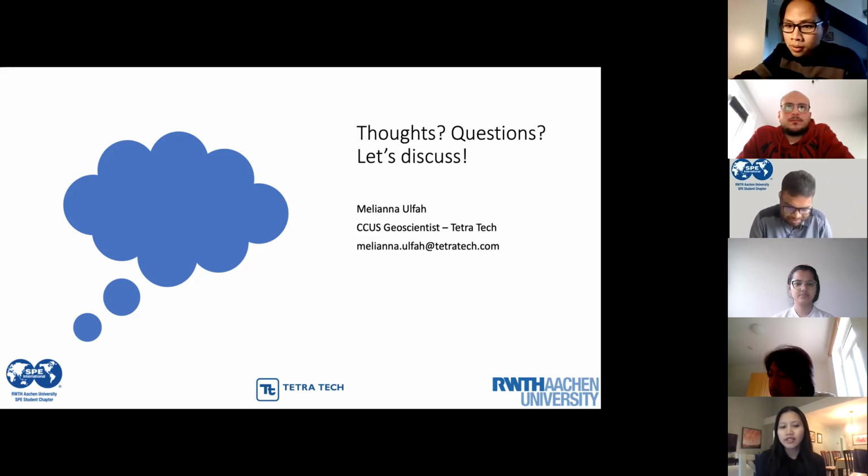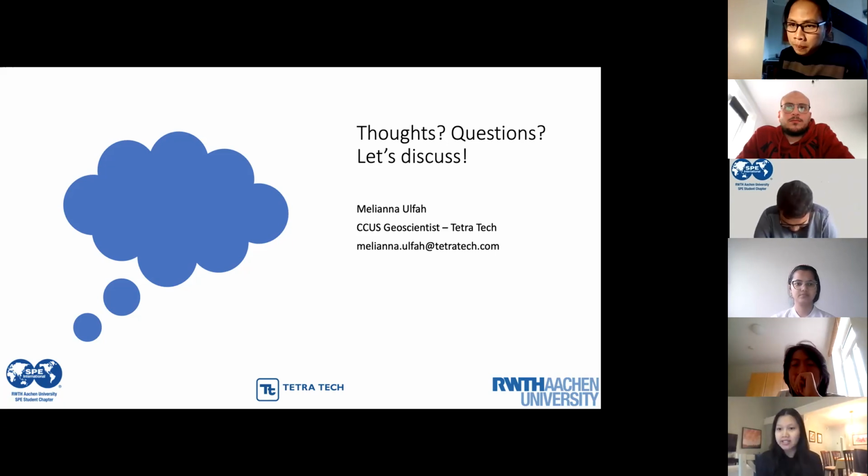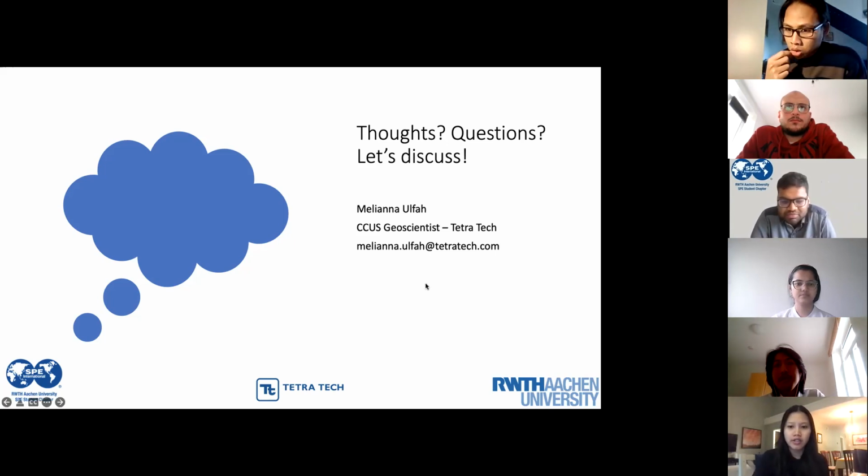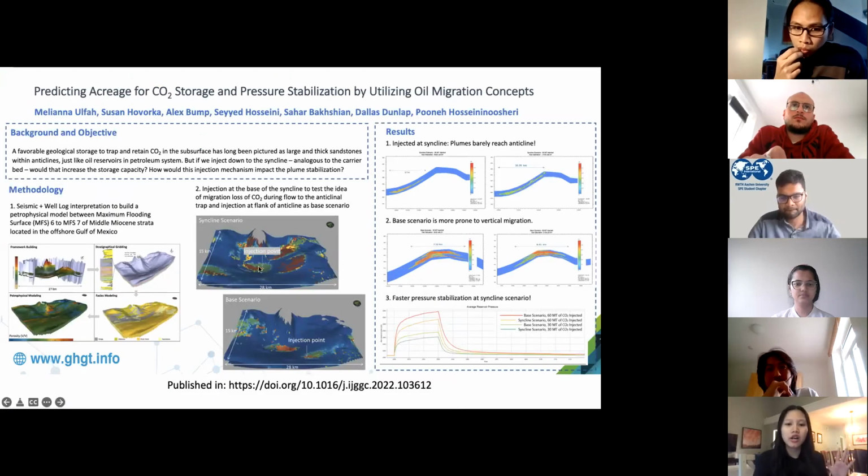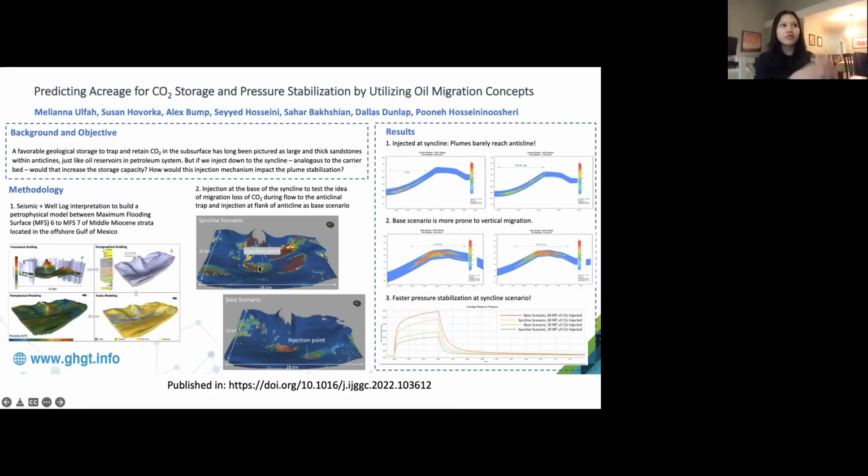Thank you. As a geoscientist, for sure it's data. The more data you have, the more detailed an assessment you can make. In here, as we can see, when it comes to reservoir quality, compared to the anticline geology, this kind of area is usually a carrier bed, and the carrier bed is more heterogeneous.